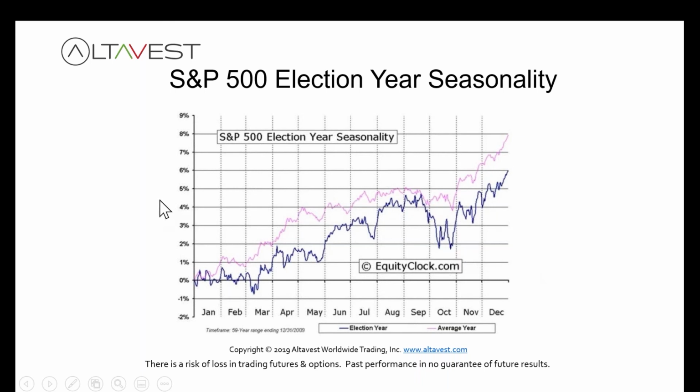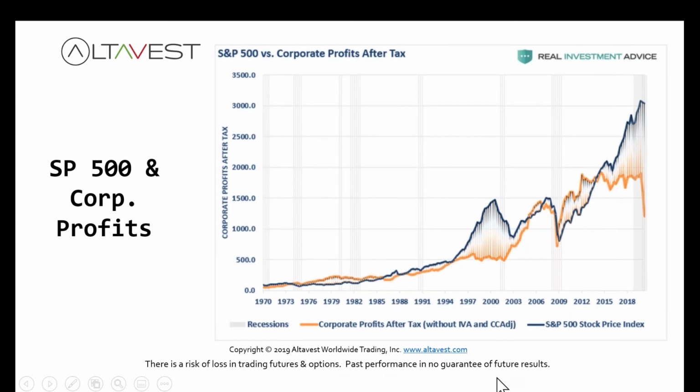Then we move back up again. Here's S&P 500 corporate profits. Look at this here. I'll explain this. Here's the S&P 500 moving up, up, up. And meanwhile, corporate profits are collapsing. This is from a couple of weeks ago. I think if we had an update, it would look even a little more dramatic, that spread, the widest spread it's ever been.